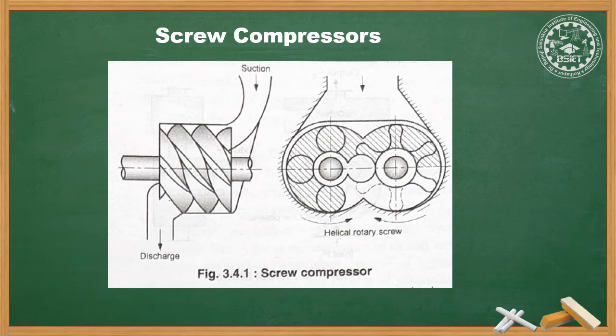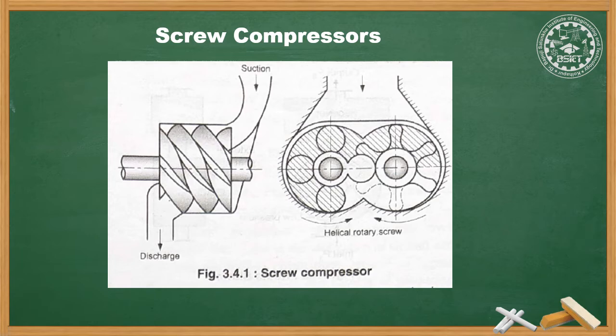Compression: during the forward motion of rotor screw, the male rotor lobe meshes with another female interlobe. The air is trapped between the space and the suction, and at the end it moves forward in axial direction, causing the air to get trapped, and hence the pressure is gradually increased to the discharge end.